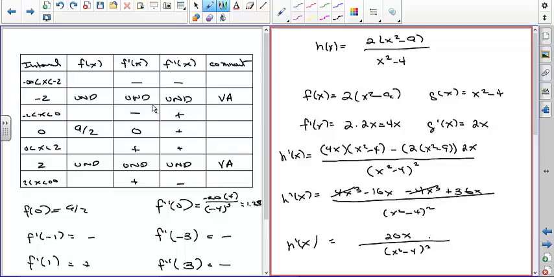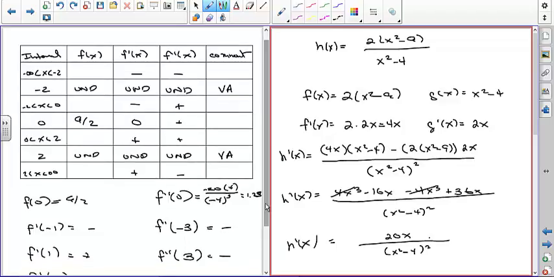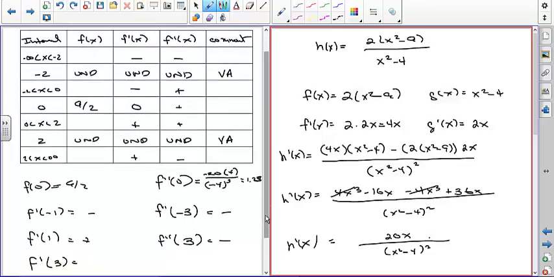So we created our table based upon that information, and then we picked values of x in these intervals to check whether the first derivative was positive or negative, and whether the second derivative was positive or negative. And I ultimately didn't actually do the calculations. All I care about to fill out the table is whether they're positive or negative.